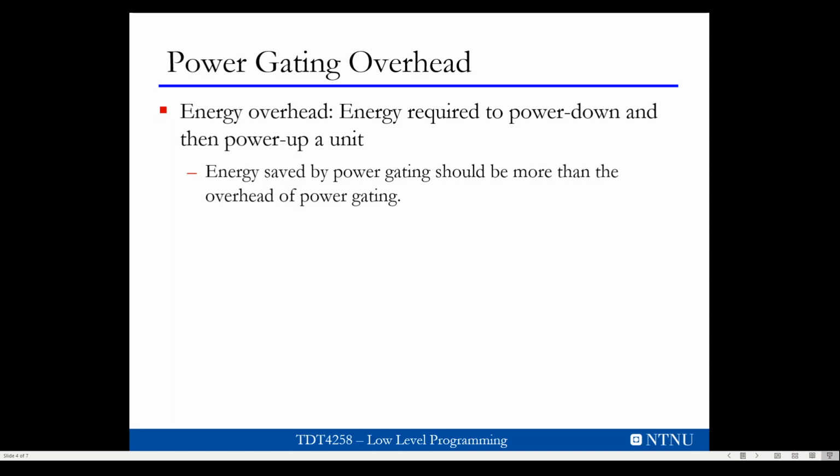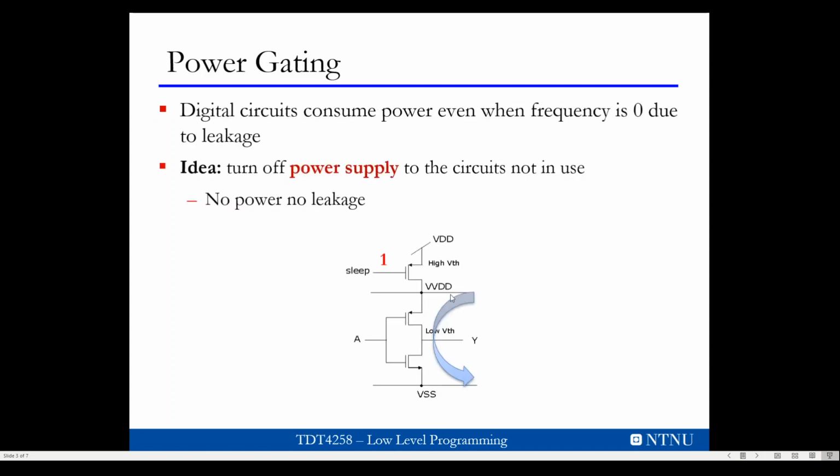To do that, we need to generate the sleep signal and distribute it through our chip. In addition, this virtual VDD node also needs to be discharged, that's power consumption, and it also needs to be charged when we want to use our circuit. So that's also additional power consumption.